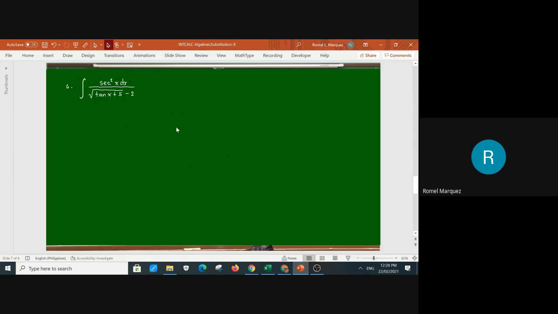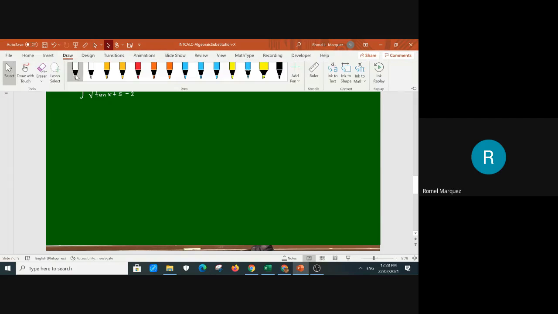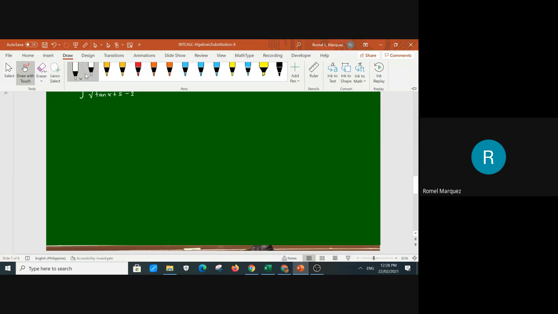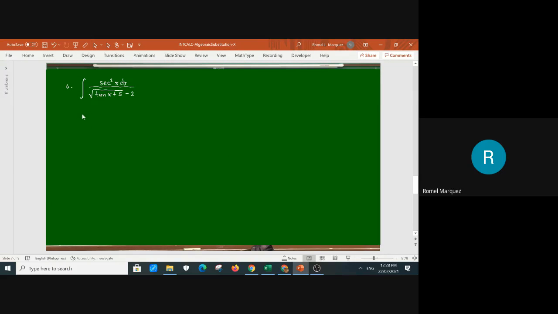Okay, so let's start. Any suggestion, guys? What do you think needs replacement? What part of the integrand needs replacement? The square root of tangent x plus 5. Okay, very good. So let y equal the square root of tangent x plus 5.